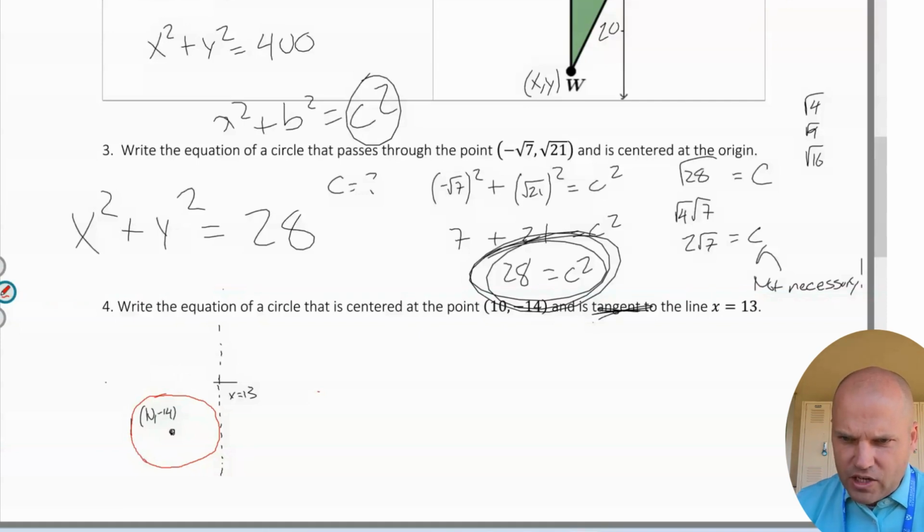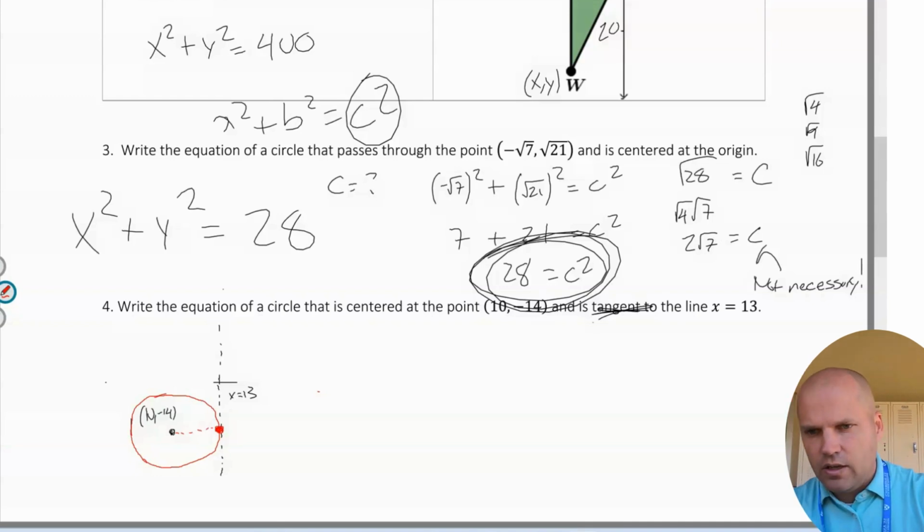Now, what information can we get from that idea? The information that this point right here, which is how far away, tells me my radius, tells me my length that I'm going to focus on. What is that length?